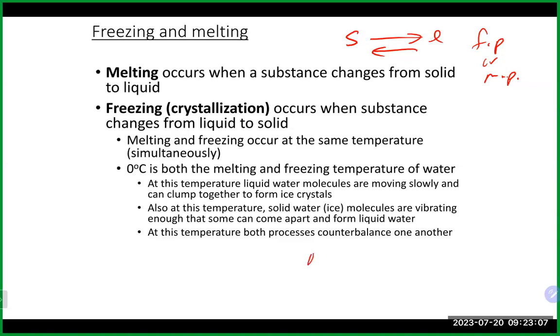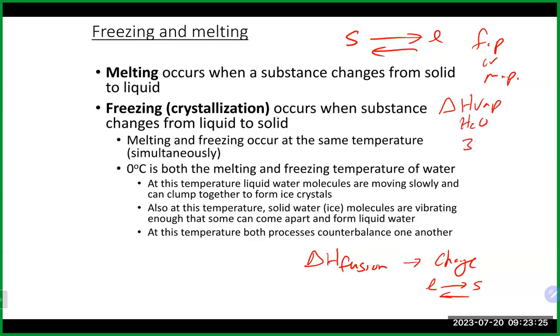There is a delta H of fusion, which is the energy required to change a substance from, again, liquid to solid or solid back to liquid. And for water, it's roughly, give or take, 333 joules per gram.